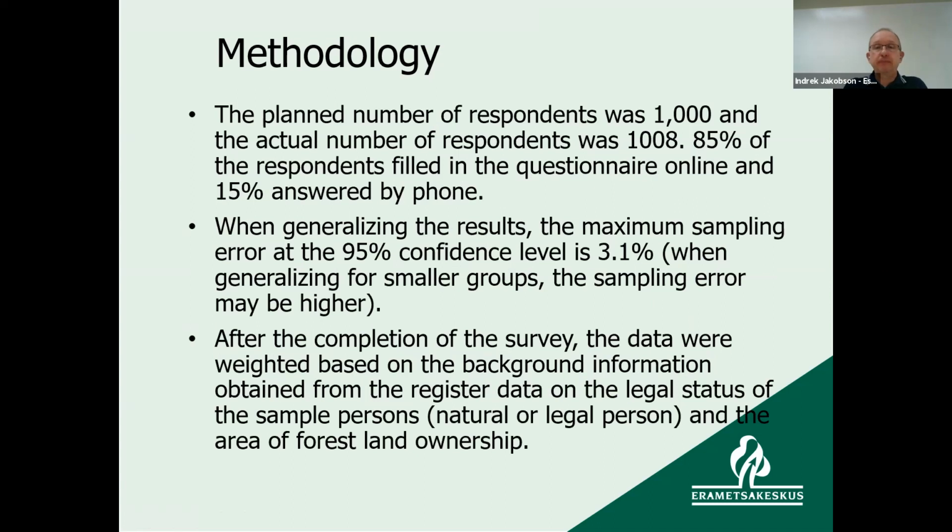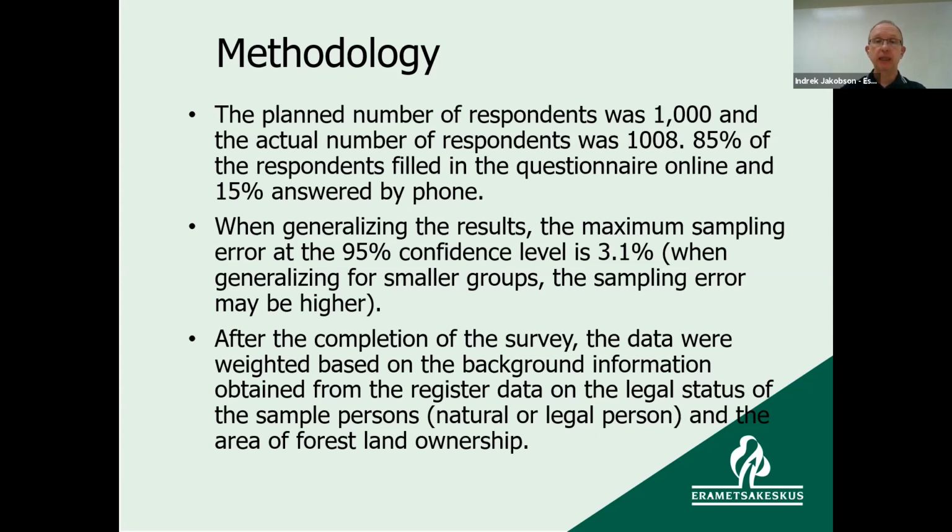So what else? We chose exactly 1,000. It was the minimum number we wanted to get to have scientifically proved and statistically representative data. We got a bit more, 1,008 respondents' answers, and 85% filled it in online, and 15% we had to contact by telephone.